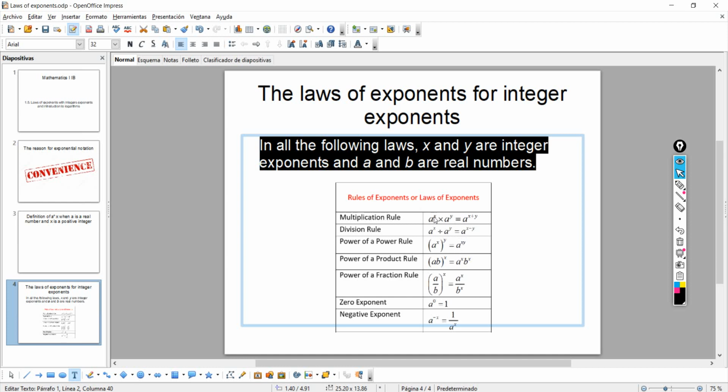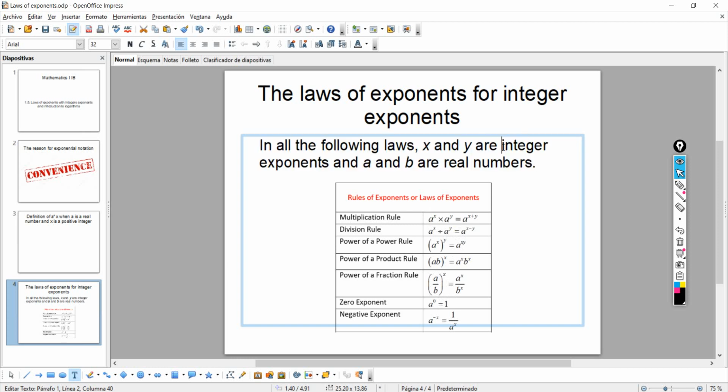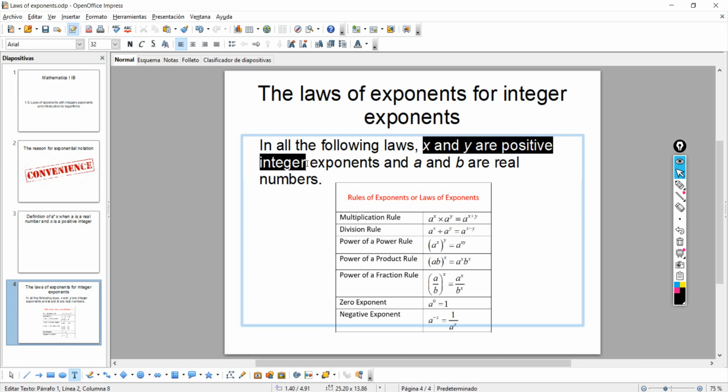I forgot it here: positive integer exponents. I should have made it more specific. And a and b are real numbers, so they are whatever numbers you want. The only restriction is placed upon x and y. They have to be positive integer exponents.